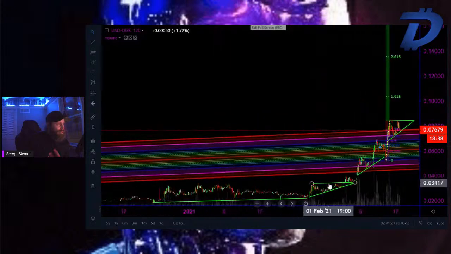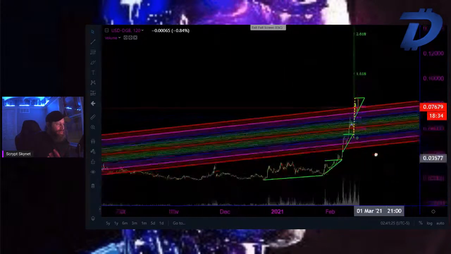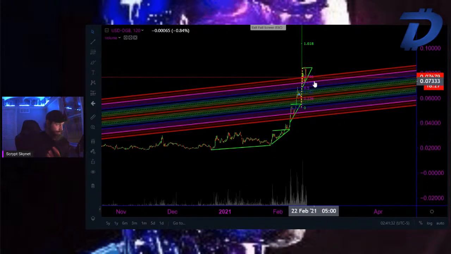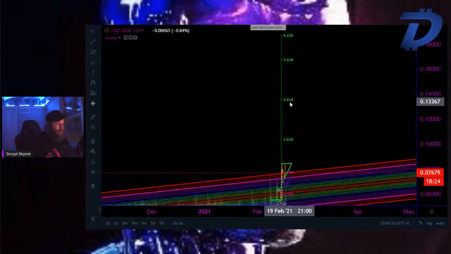Could you imagine if this pitchfork actually meant something, right, guys? Like say we're onto something here, and it literally means something, and it goes up, breaks this 2.6. If it breaks this 2.6, if it goes up, there's 14 cents right there, guys.